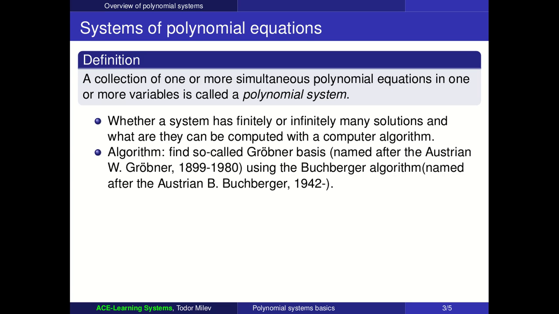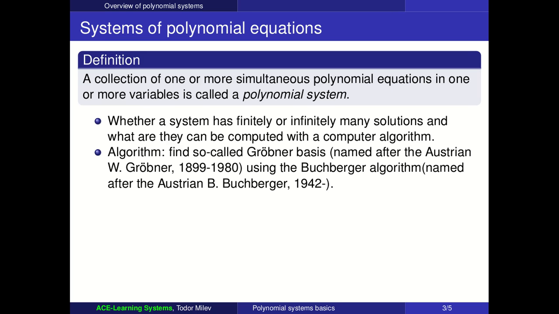In fact, the algorithm can roughly be summarized like this. Find something called a Grobner basis, named after the Austrian mathematician Wolfgang Grobner. Actually, you do that using the Buchberger algorithm.